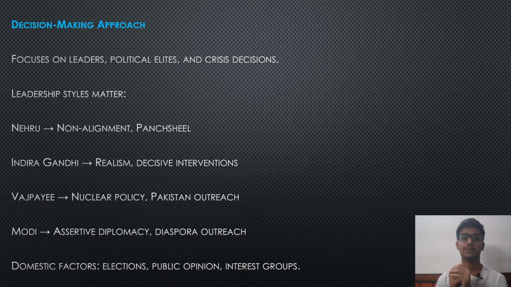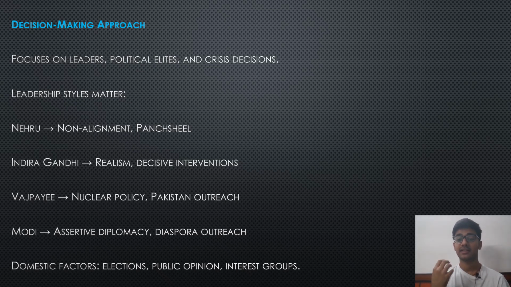So if we see Pandit Nehru, his idea of non-alignment, Panchsheel, this is a very idealistic and very non-assertive way of approaching foreign policy. While Prime Minister Indira Gandhi had a realistic viewpoint. So if you see the War of 1971, in which Bangladesh came into being, it was very much dependent on the kind of thinking the Prime Minister had.